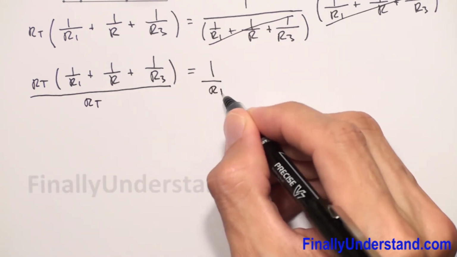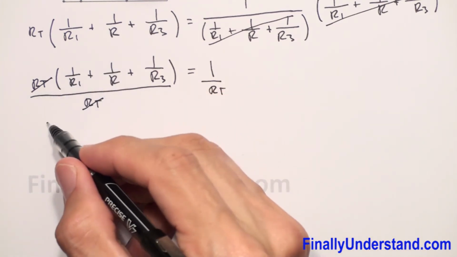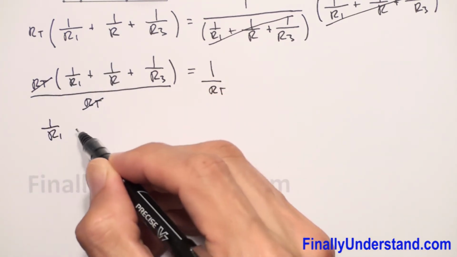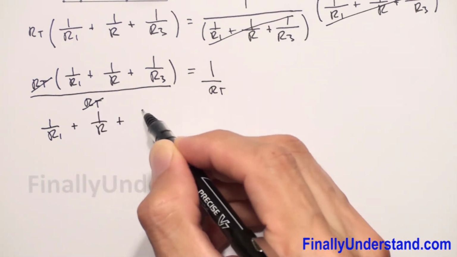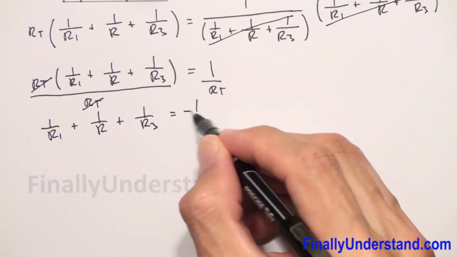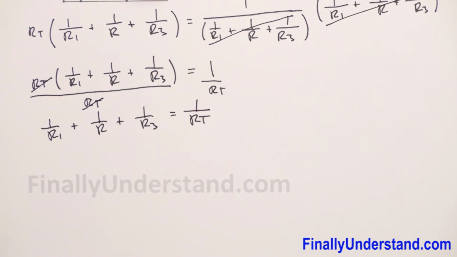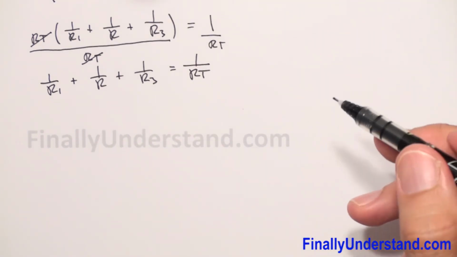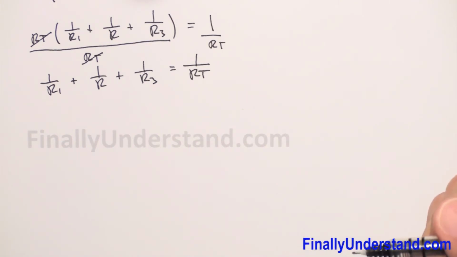Okay, and RT and RT will cancel out, so I have 1 over R1 plus 1 over R plus 1 over R3, which is equal 1 over RT. Okay, so at the same moment when we're calculating the value of R, we're practicing algebra.